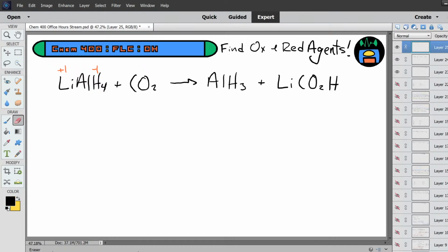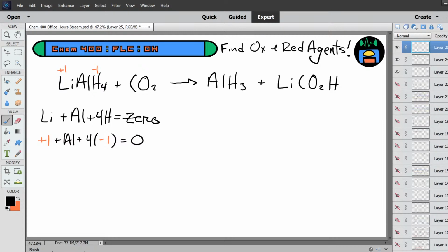All right, so let's take a look. We've got lithium plus the oxidation state of aluminum plus 4 times the oxidation state of hydrogen is equal to our total charge, which is 0. Lithium, as we know, is +1. Aluminum is yet to be determined. And hydrogen in this compound is -1. All of this is equal to 0.